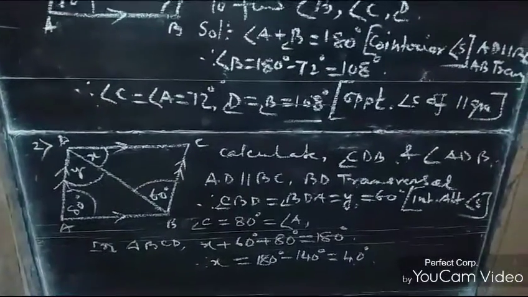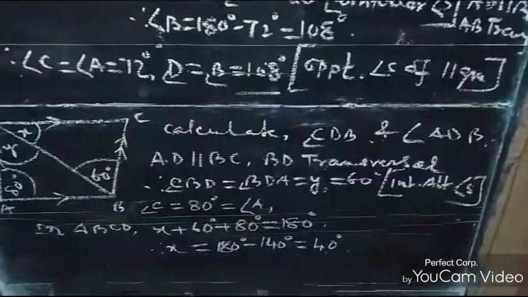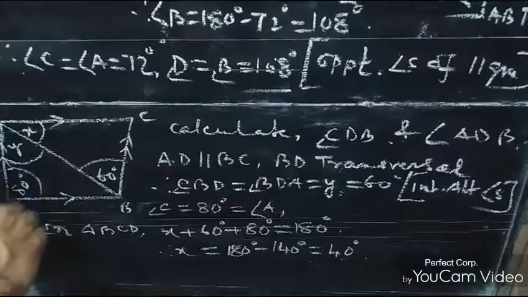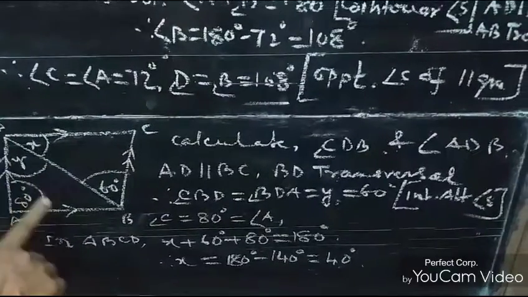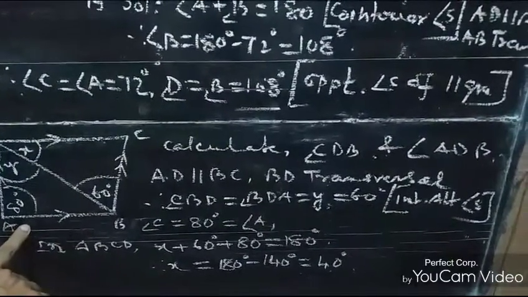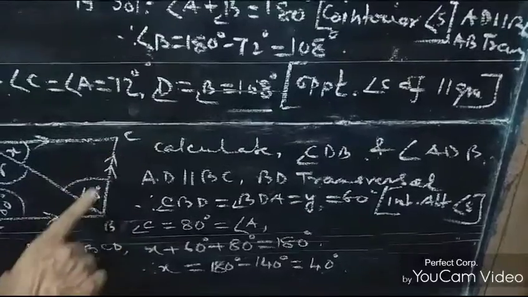Next is number 2. It is given in this adjoining figure. ABCD is a parallelogram whose angle DAB is 80 degrees and angle DBC is 60 degrees.